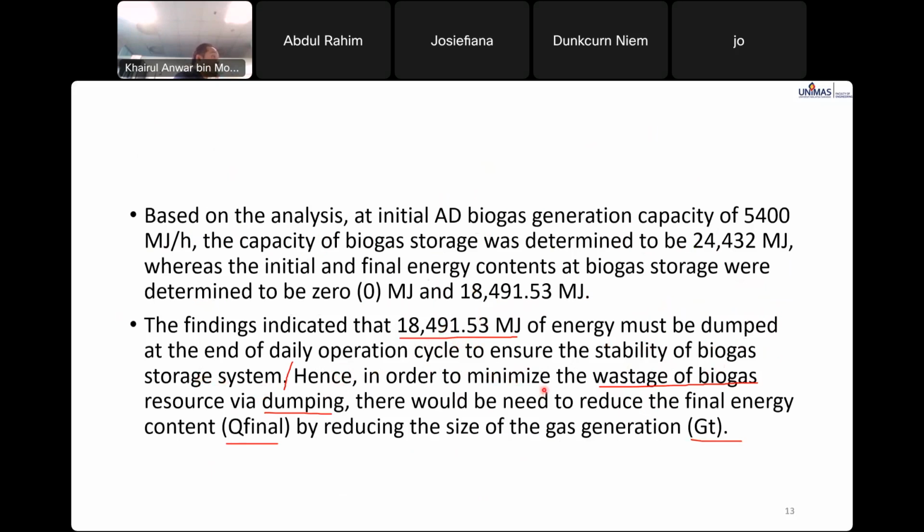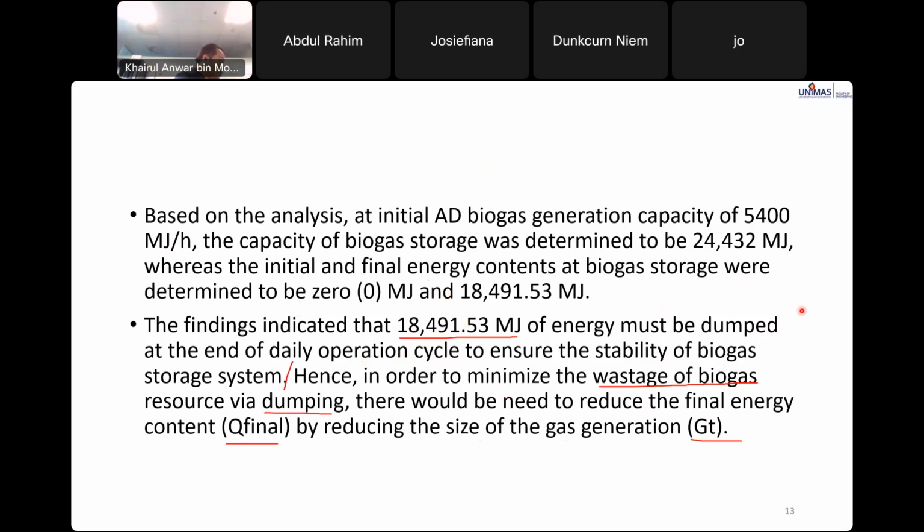Hence, in order to minimize the wastage of biogas resource via dumping, there would be a need to reduce the final energy content by reducing the size of gas generation. So at the end, 18,491 here is an excess for the current process.